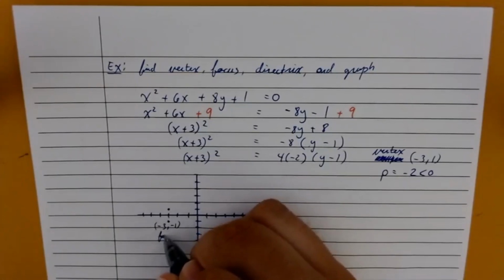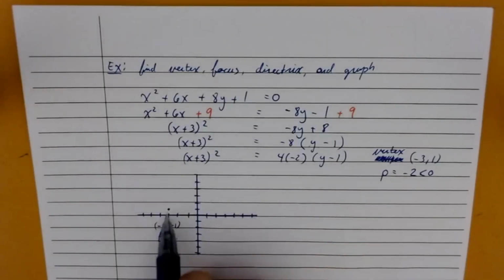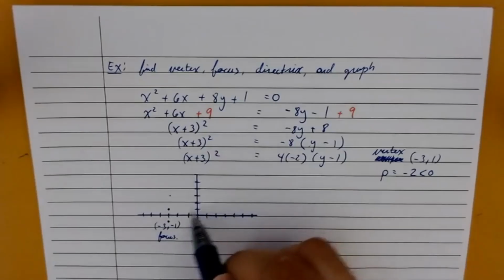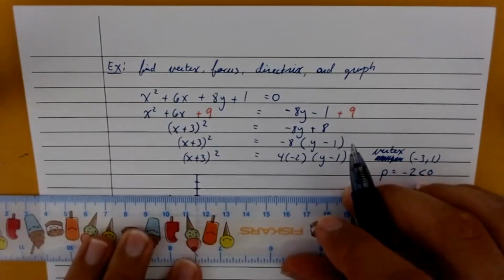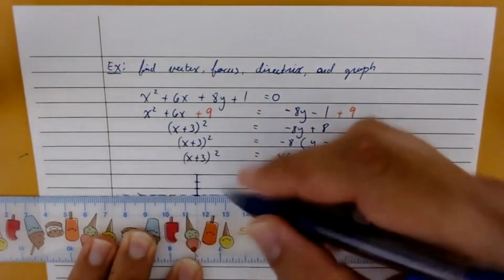That's our focus. Our directrix, if our focus is 2 steps down from our vertex, our directrix must be 2 steps up. So that's going to be a horizontal line, y equals 1, 2, 3. So that is our directrix, y equals 3.